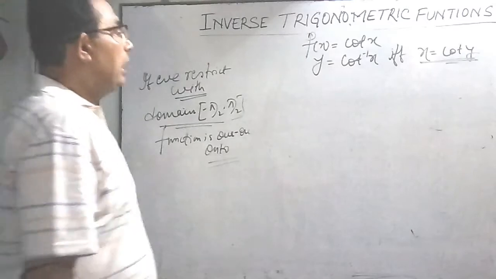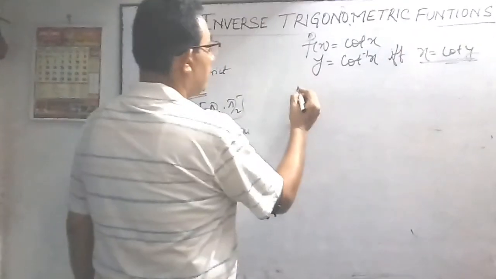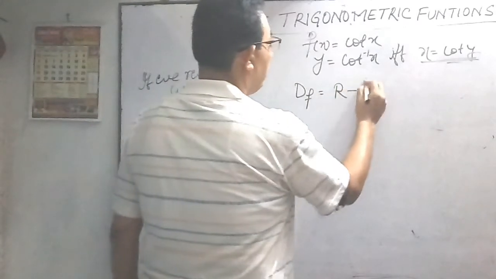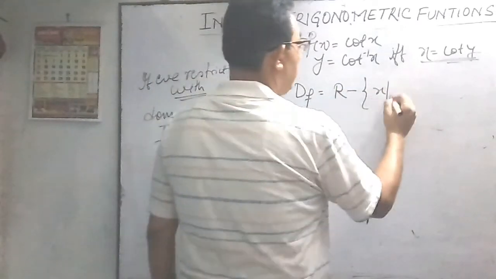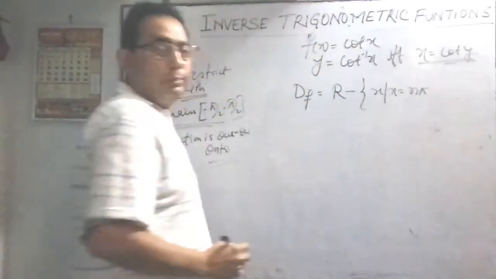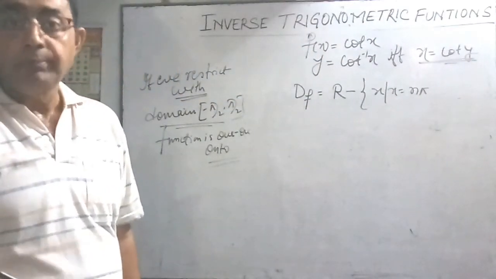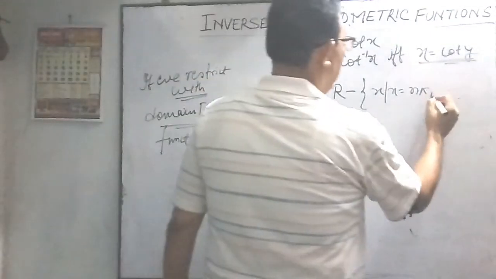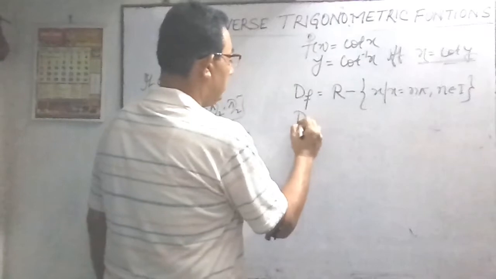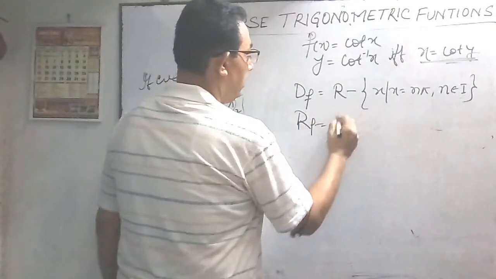Now you see, the domain of cot x is what? Real numbers minus x such that x equal to n pi, even multiples of pi by 2, n belongs to integers. The range is what? Real numbers.